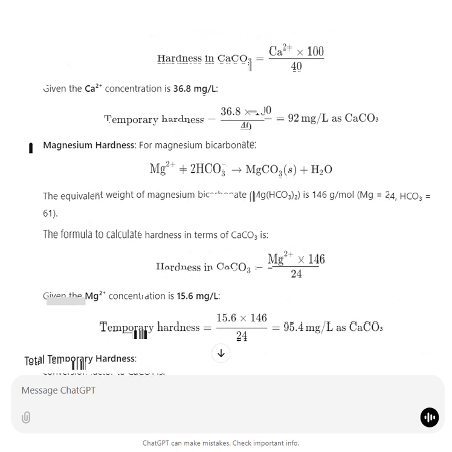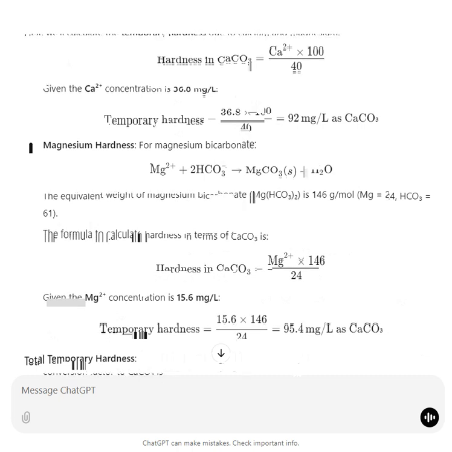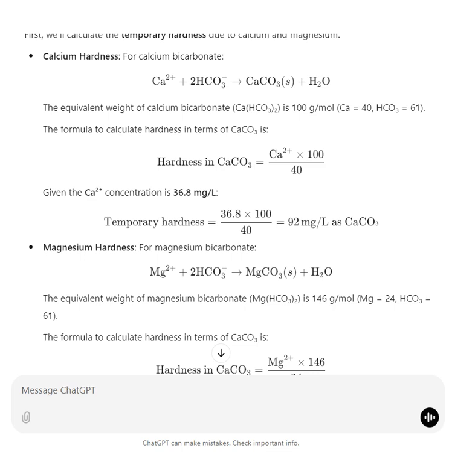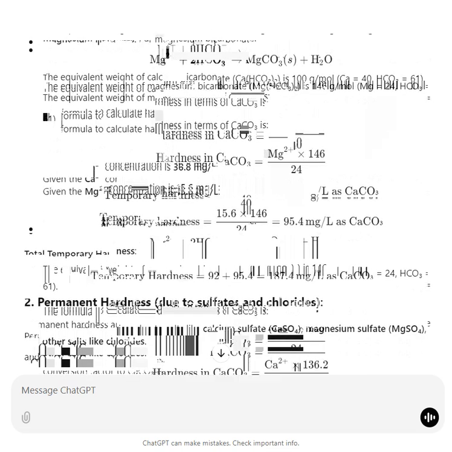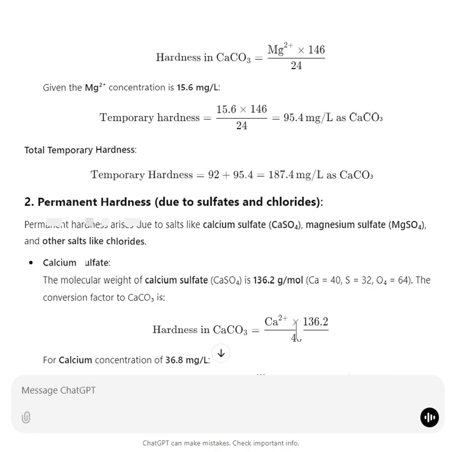Given the magnesium concentration is 15.6 milligrams per liter, temporary hardness equals 15.6 times 100 over 24 equals 65. Total temporary hardness equals 92 plus 95.4 equals 187.4 mg per liter as CaCO3.